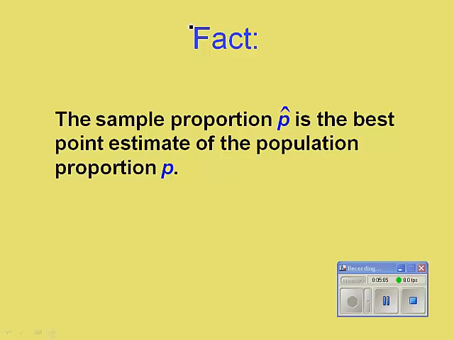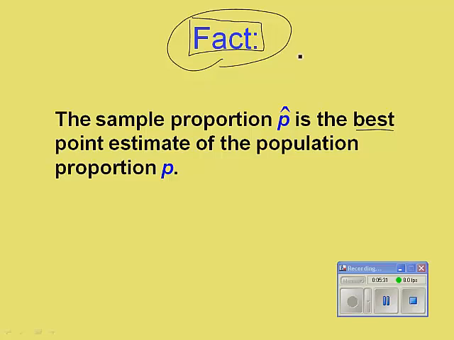Now here's a nice fact. The sample proportion, which we denote by p hat, is the best point estimate of the population proportion p. Now I have to tell you, your book does not tell you how they know this fact.